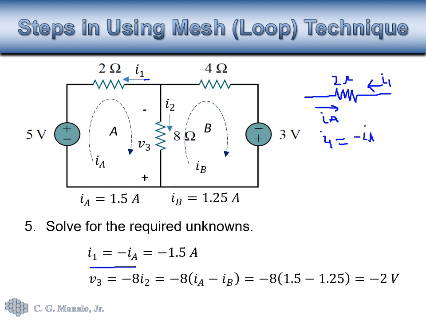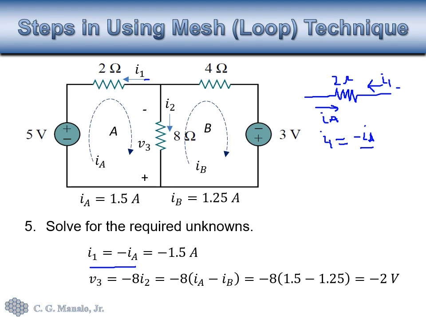Take note that in getting the actual current, we're trying to get the combined effect of the mesh currents that pass through the elements. And in this case, there's only one mesh current, and that is I sub A. However, it is in the opposite direction, so therefore I sub 1 must be equal to the negative of I sub A. Now for V sub 3, to get V sub 3, we need to know the actual current that flows through the 8 ohms.